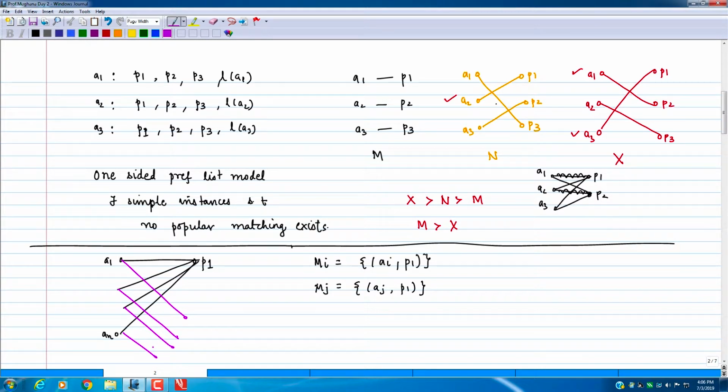So it actually leaves it unmatched, but that does not mean that the matching is not popular, because our characterization does say that every applicant must be matched to either its F post or its S post. So as long as you find for everybody either an F or an S, you are happy. Any questions about this?